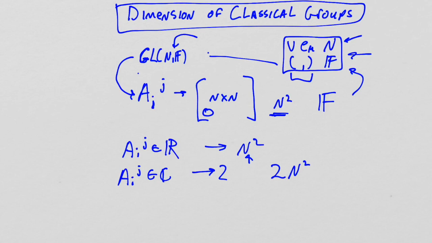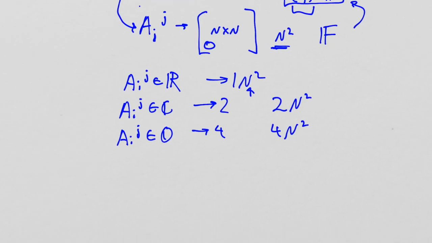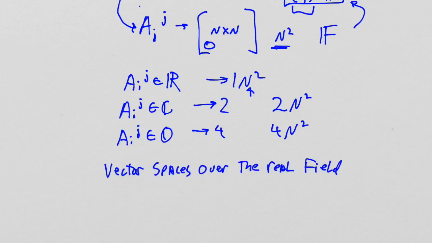And if I'm dealing with the quaternions, right, if A^i_j is an element of the quaternions, that's 4, and now I have 4n squared, right? And so now this number 1, 2, and 4, the way Gilmore uses the language is he says, when the complex numbers and the quaternions are considered as vector spaces over the real field, right?